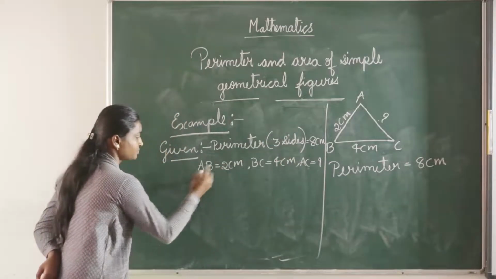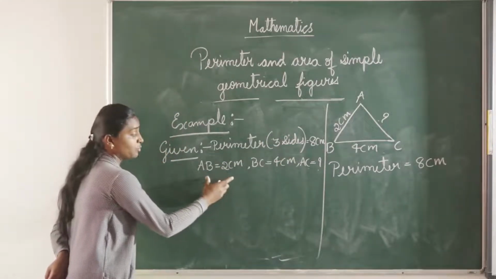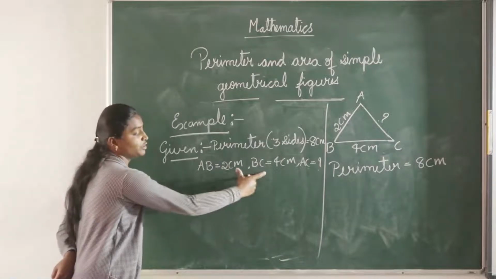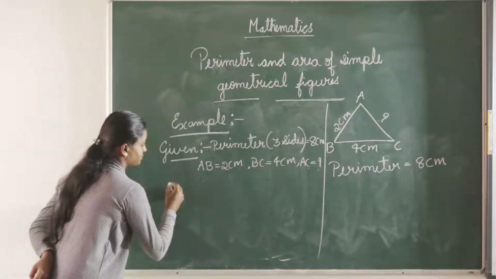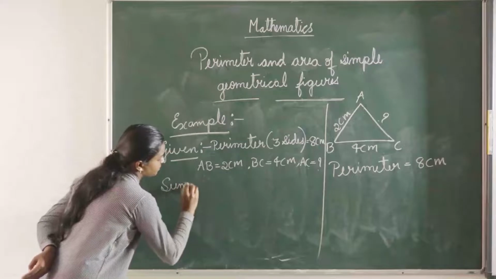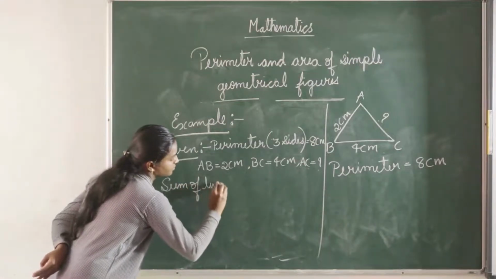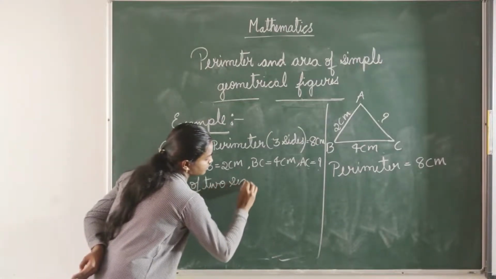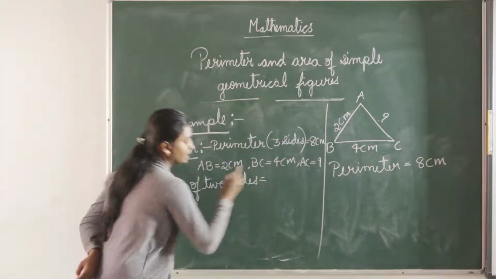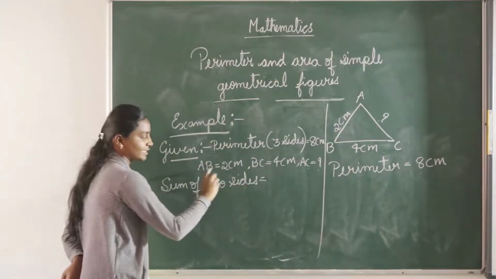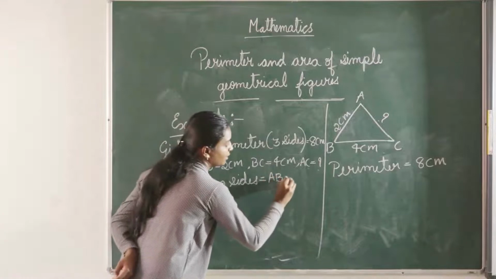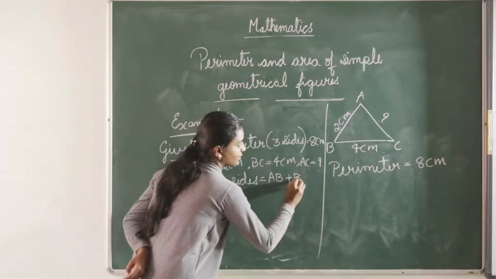That is, first let's add what measurement they have given for two sides. Sum of two sides, that is AB plus BC.